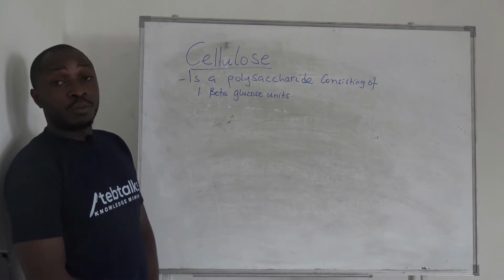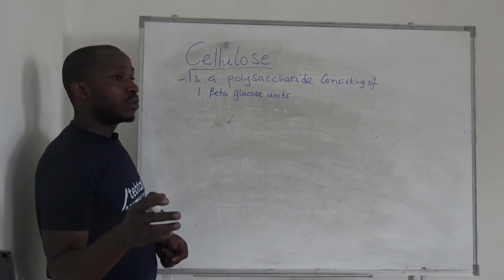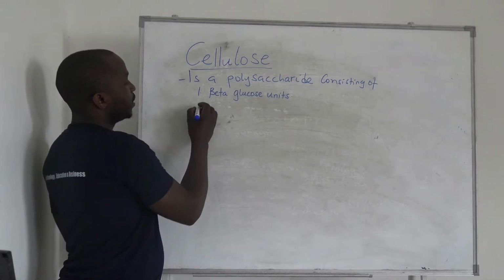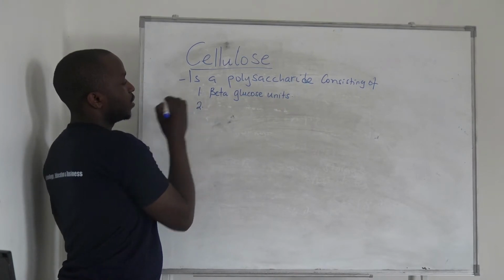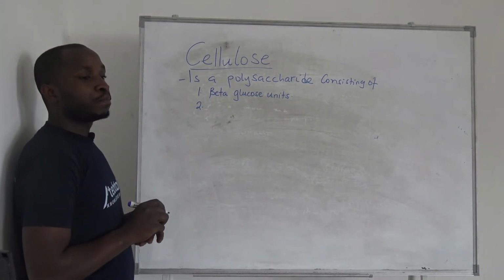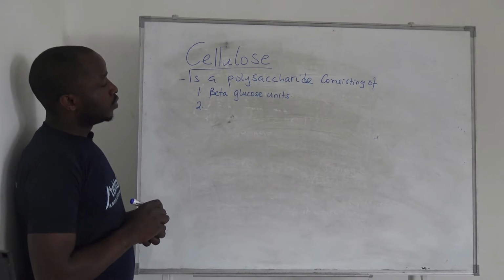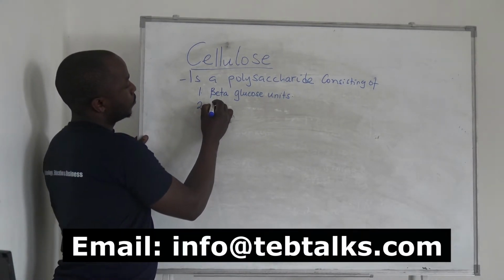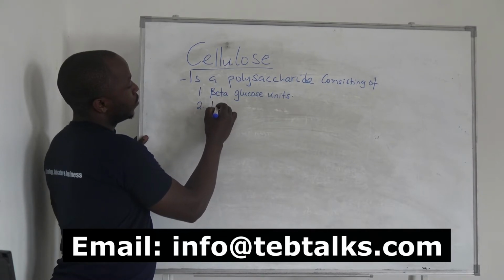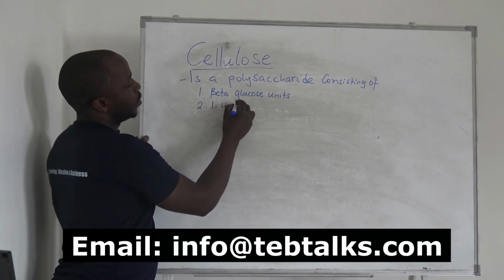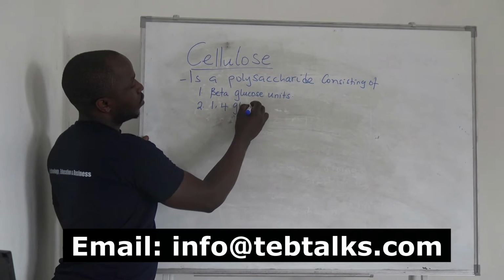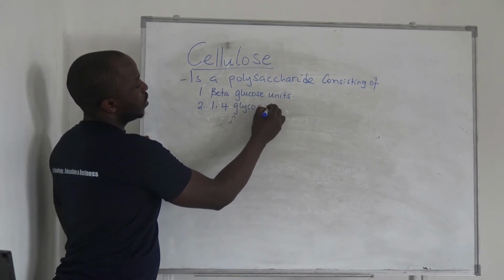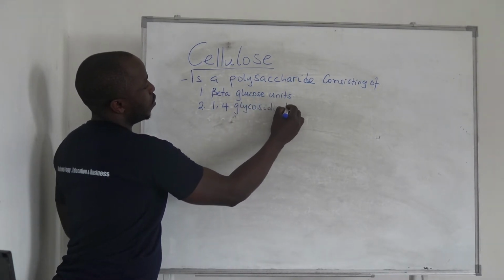We looked at how beta glucose units look like. Then secondly, it consists of 1,4-glycosidic bonds.